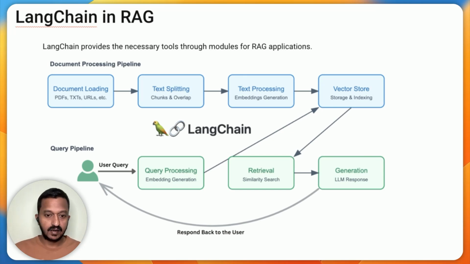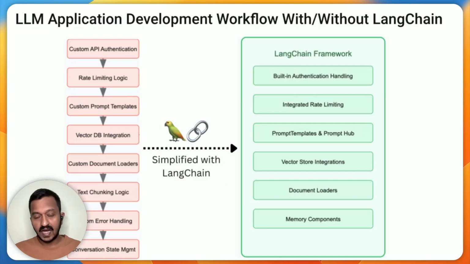Right? There are document loaders, there are text splitters, there are vector store integrations, right? There are embedding models, all these things, and there are LLMs that you can use. What happens if you don't use LangChain, right? So, LLM application development workflow with and without LangChain.